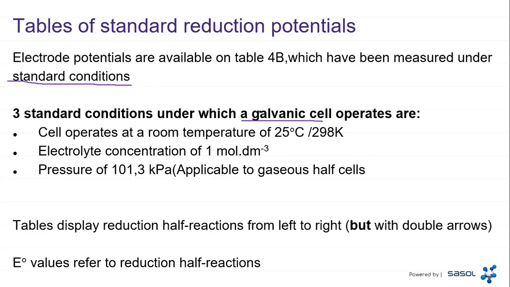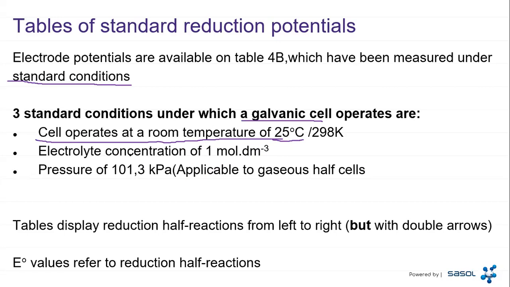Now, when we ask you, write down 2 standard conditions under which this cell operates, learners tend to write only the value and say 25 degrees Celsius or write 298 kelvins. That is wrong, my dear learners. You have to write in full altogether. The standard conditions is a cell operating at a room temperature of 25 degrees Celsius altogether.